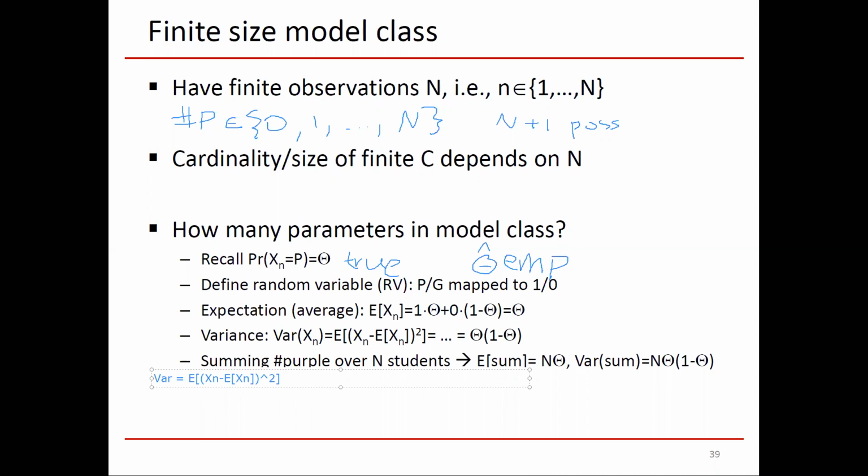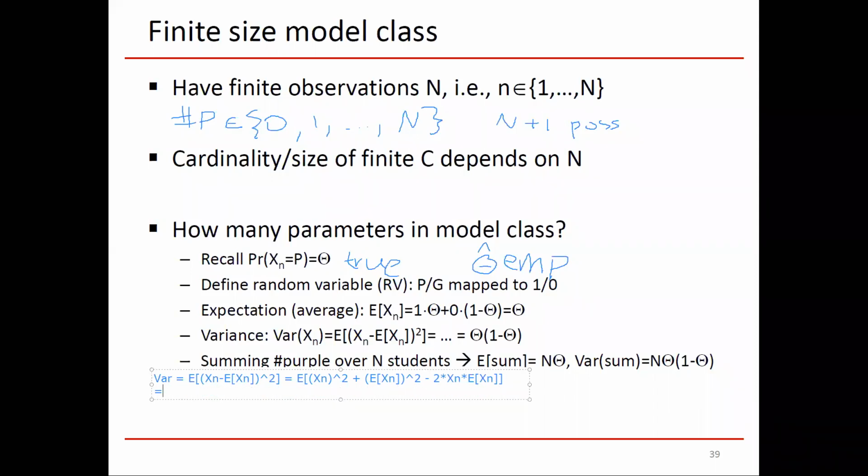This is equal to the expected value of Xn squared plus the square of the expected value of Xn minus 2 times Xn times E of Xn.